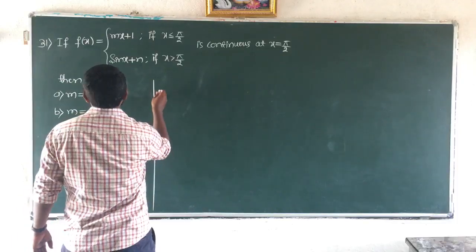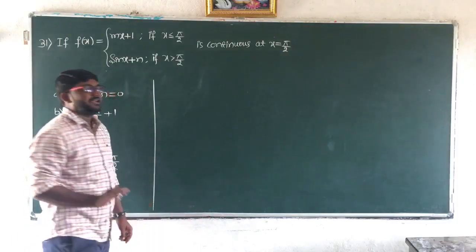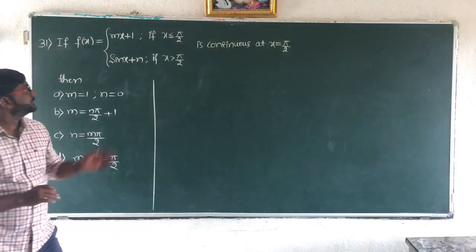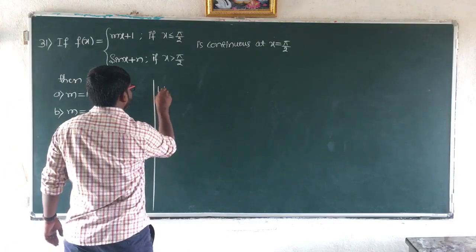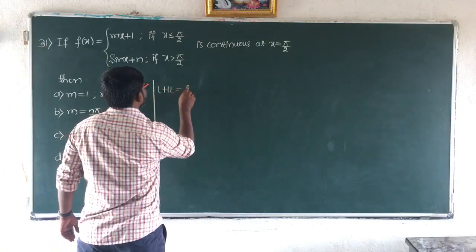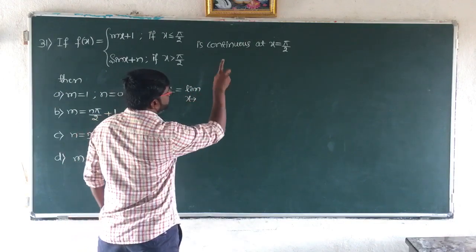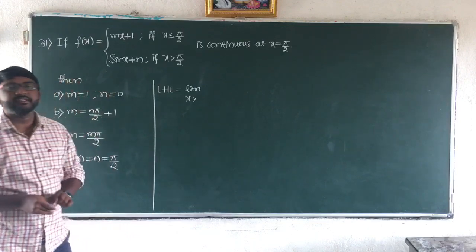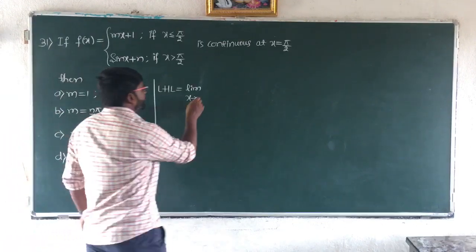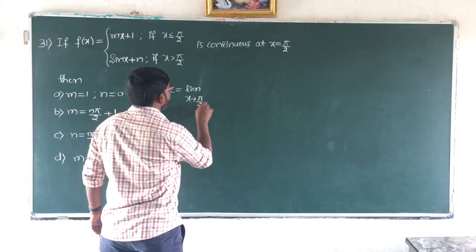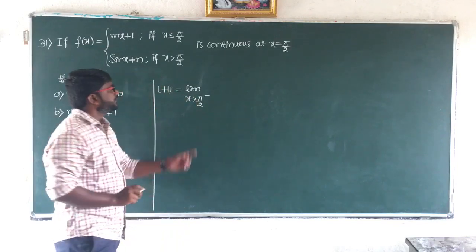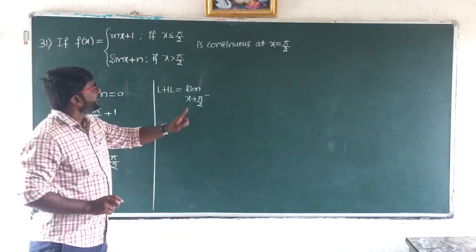Now I will go for the left hand limit and right hand limit. We will take up LHL, which is equal to the limit as x tends to pi by 2 minus, since he says the function is continuous at x equal to pi by 2. X tends to pi by 2 negative. What is the function now?